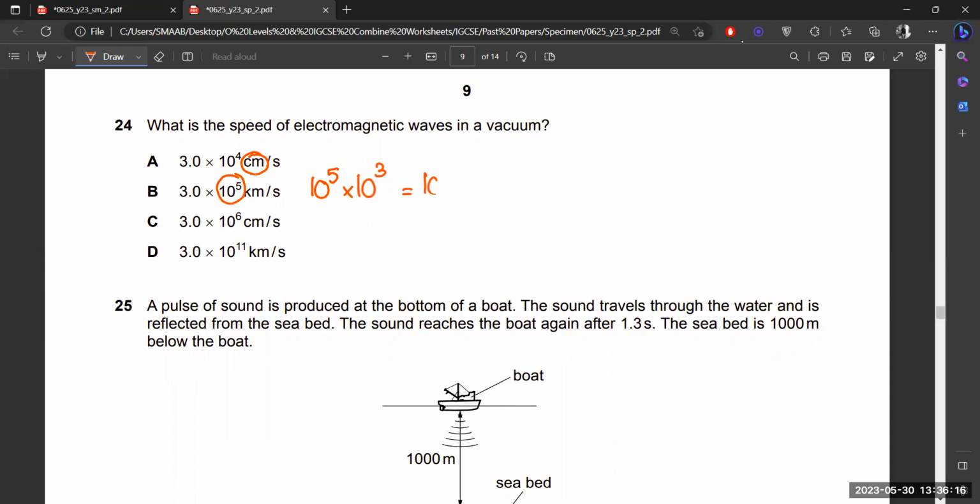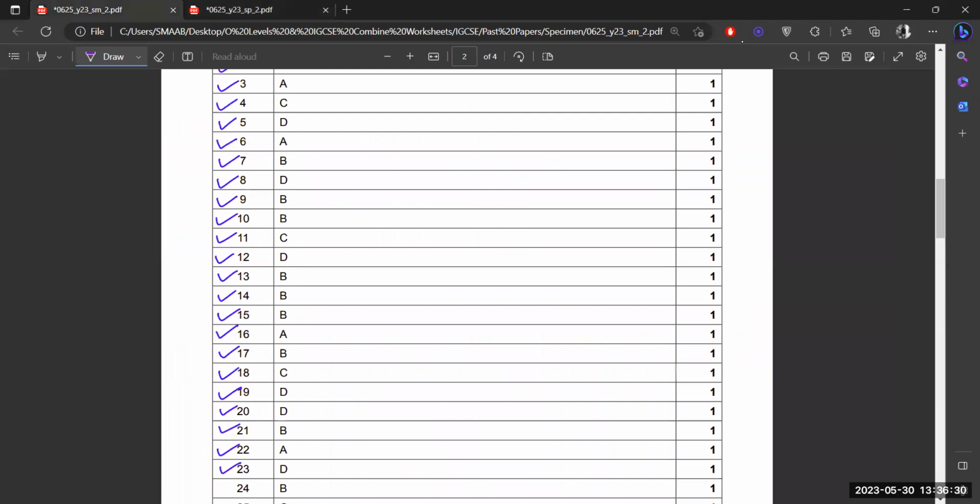If we combine these values, the powers will add up because the base is the same. That will be equal to 10 to the power 8 meters per second. So it is a straightforward choice, option B is the right one.